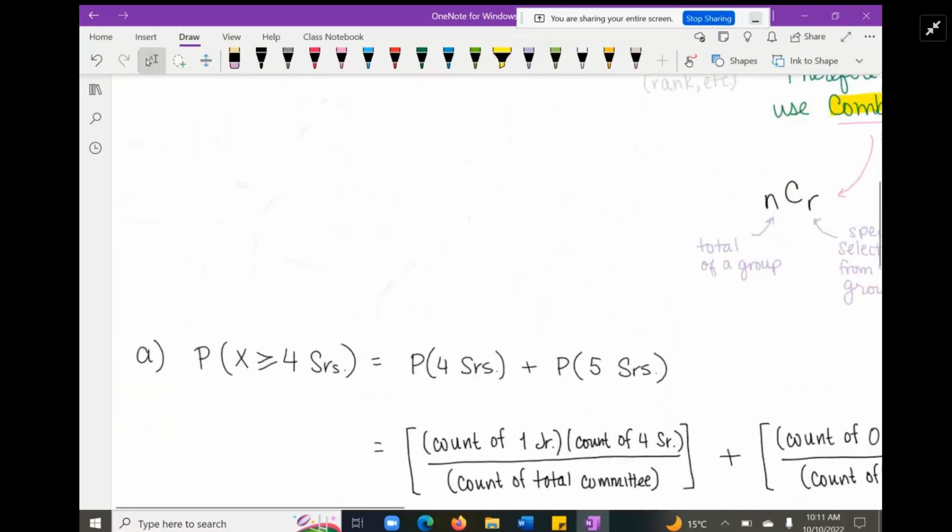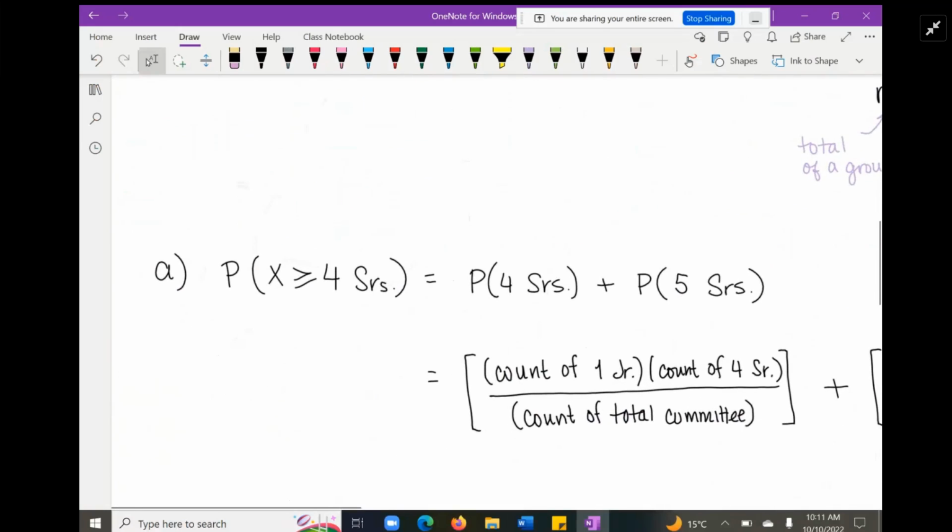So for that first question, right, we're asked, what's the probability that at least 4 of the members in this committee, this 5-member committee, are seniors? So to me that read, okay, well, I can look for the probability of just 4 seniors, but there's also the probability that all of them are seniors, all 5.